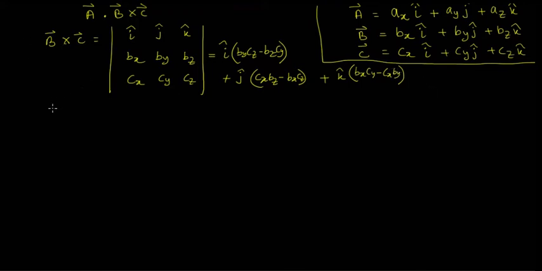Now if I take a dot product, a dot b cross c, I will not give the bracket, because brackets will automatically follow. So you write i cap ax plus j cap ay plus k cap az, times this whole thing.